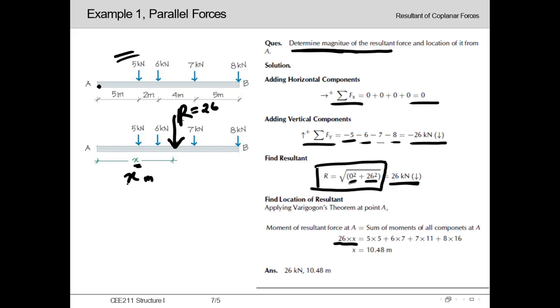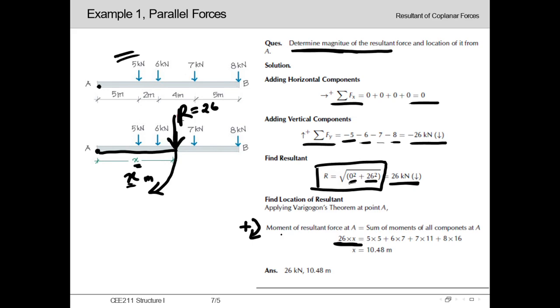Here x is the moment arm, and this R is giving a rotation in clockwise direction with respect to point A. If we fix point A, we can see that due to this R force, this portion of the beam will be rotating in clockwise direction. We have already considered clockwise as positive. So for the resultant, the moment will be 26 into x.